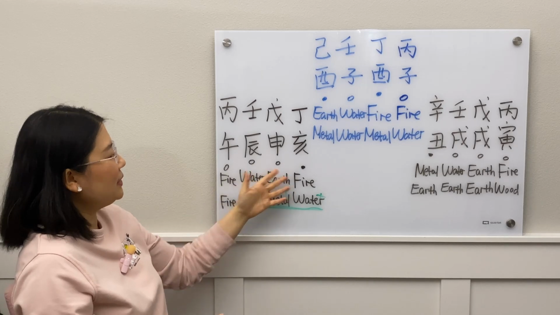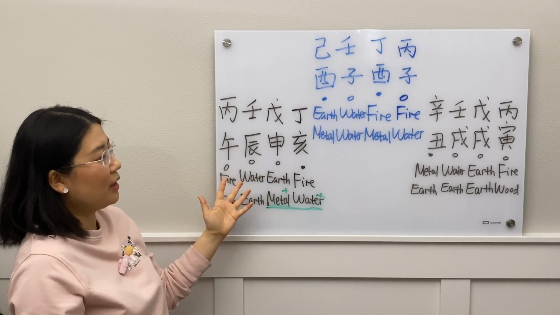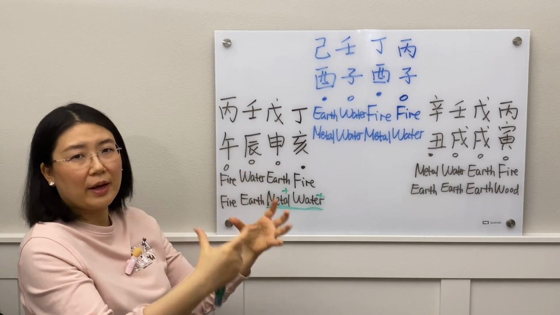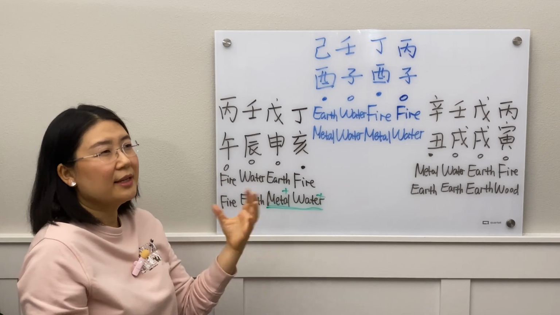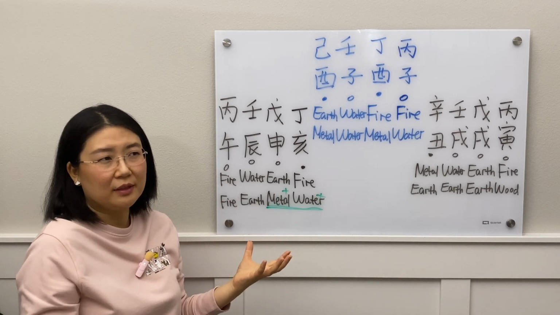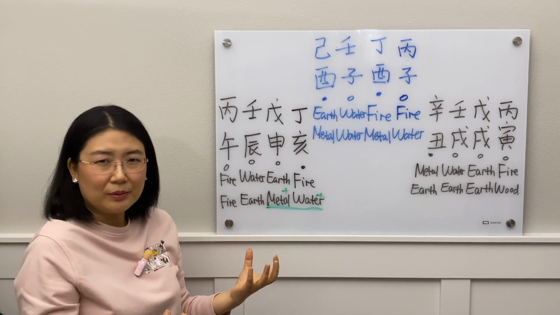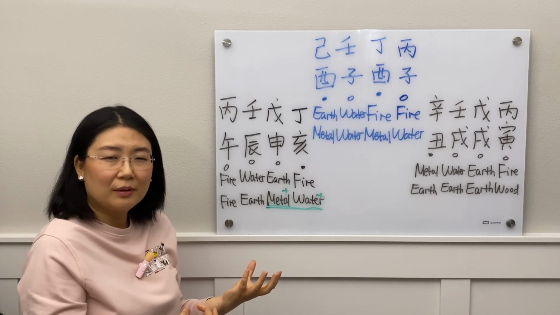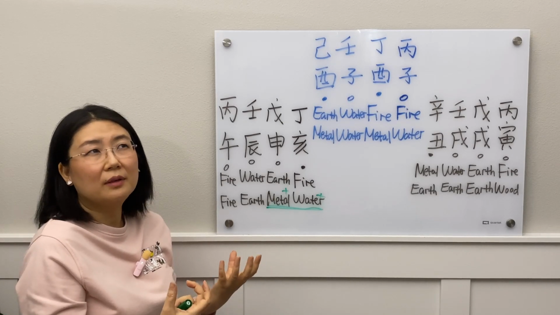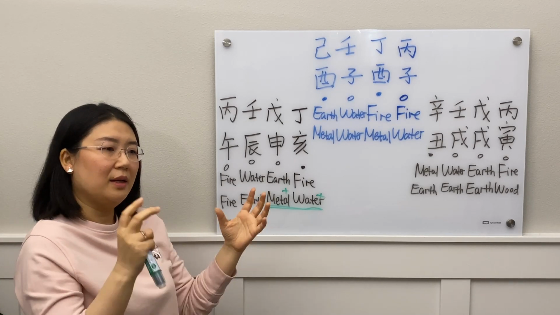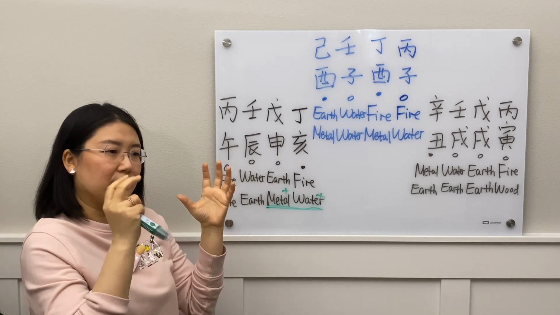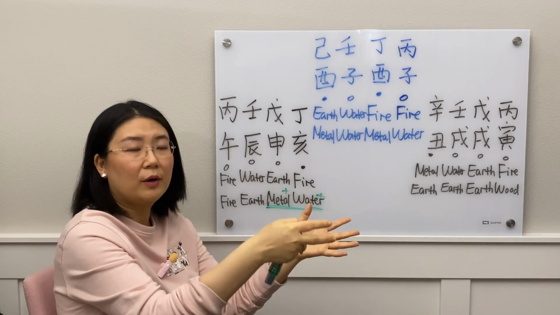So I want to see the other players in my chart to play off that role of regulation. And as I explained in the prior conceptual video, the best tool for that regulator role is yang earth, because yang earth is strong enough to control the water's flowing path.